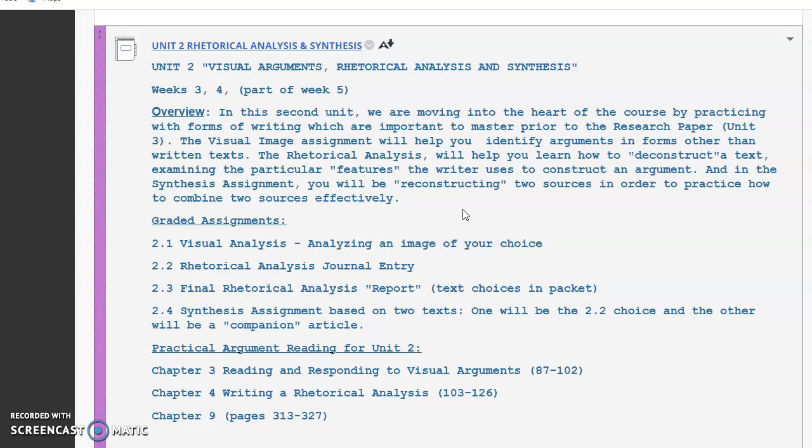What are the main points that they're making? How are they trying to persuade the reader that this is the way that you should be looking at this particular topic? Do they use emotional appeals? Do they provide much evidence in the form of statistics or examples or facts or figures? Do they bring in experts in that particular field? Do they present the opposing point of view? If so, what is that opposing point of view?